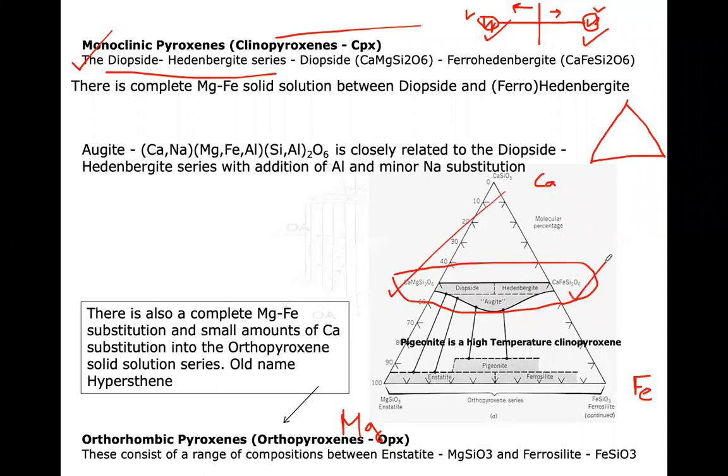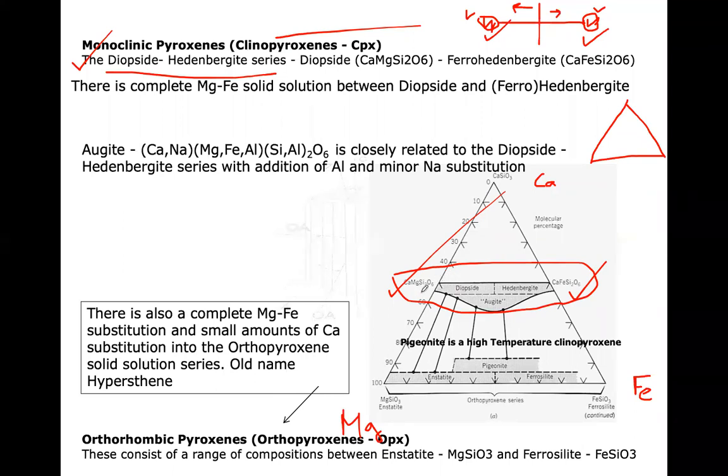That means in the diopside structure mainly you have calcium and magnesium and then silicon tetrahedra. For Hedenbergite, what you have is calcium and iron, no magnesium. So that's why we call them end members. The Hedenbergite end member is definitely rich in calcium and iron, and the diopside end member is rich in calcium and magnesium.